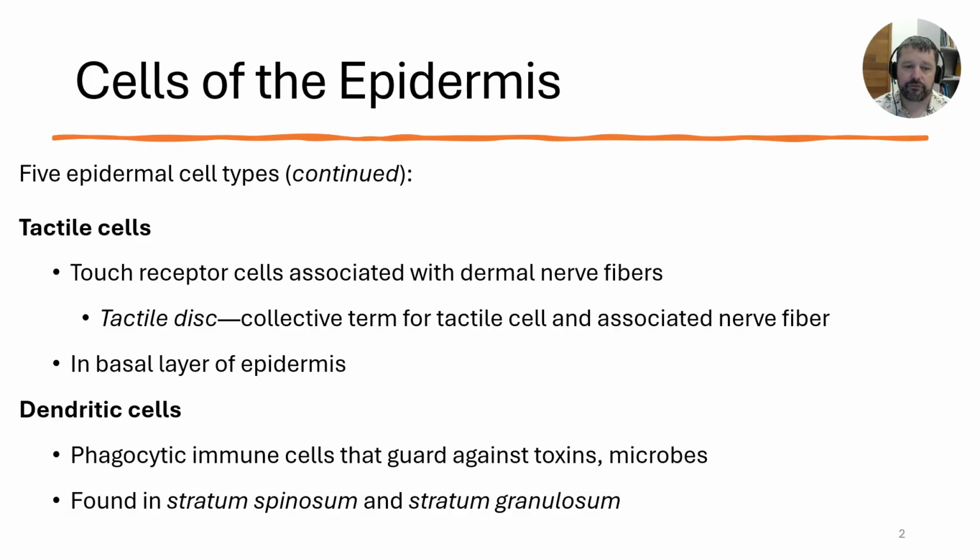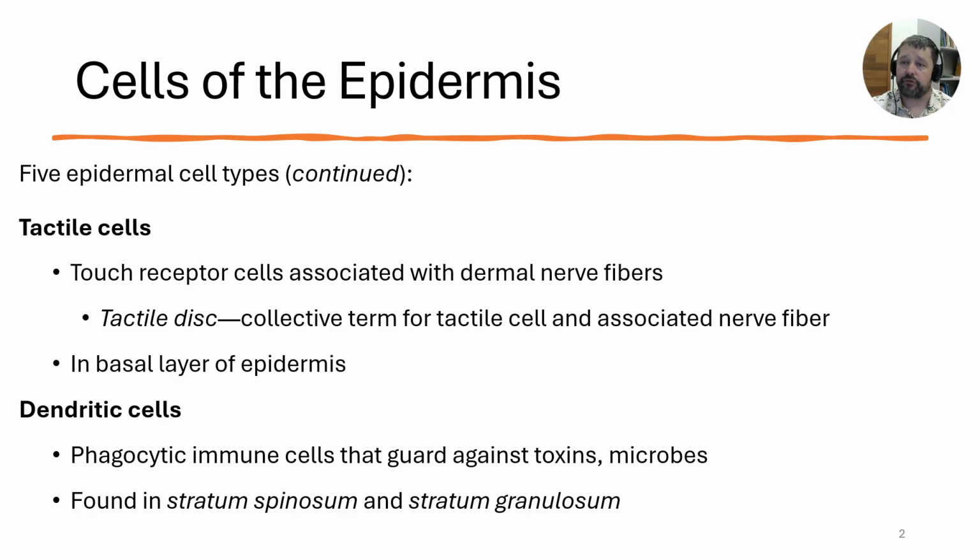The dendritic cells are cells that are associated with immunity. These cells actually occur away from the basal layer, in the spinosum layer and the granulosum layer. That's not quite the purely dead layer, but it's right underneath it.